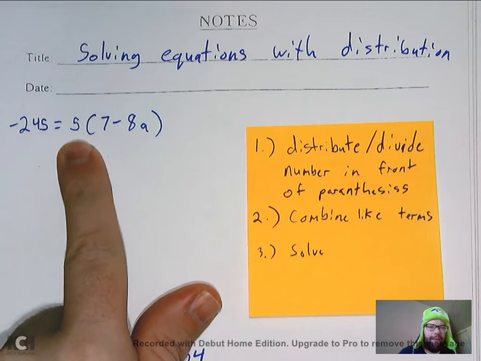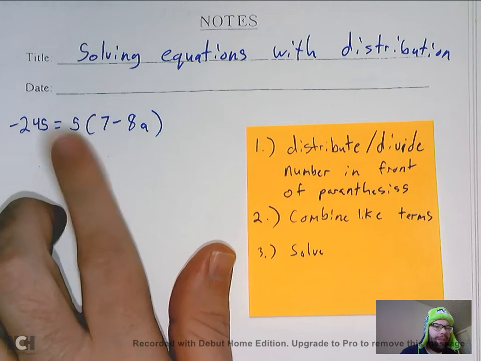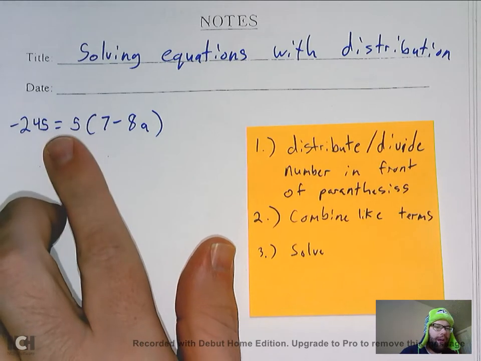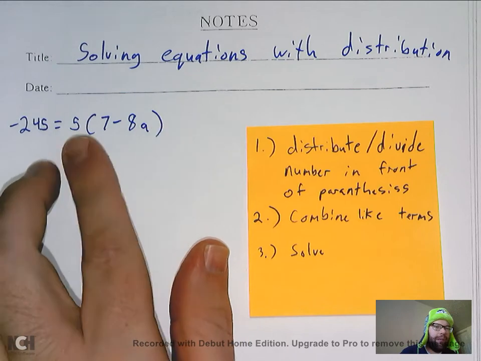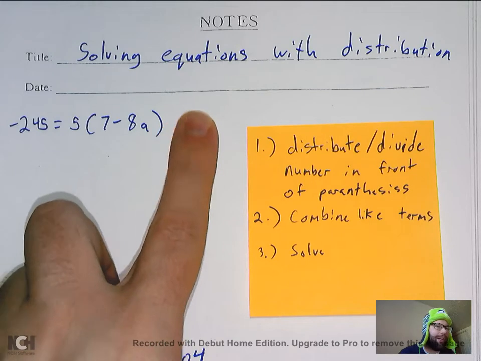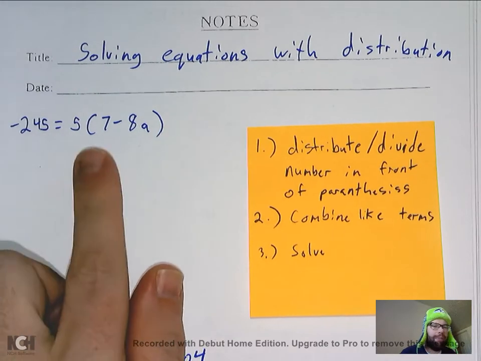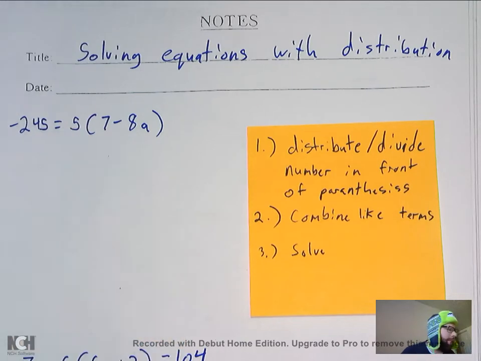If the number outside the parentheses is the only thing outside the parentheses on that side of the equation, we can divide. It has to be the only thing. If you have another term here, don't divide first. You've got to get rid of that other term first. But if 5, or whatever number, is the only thing outside the parentheses, you can divide.